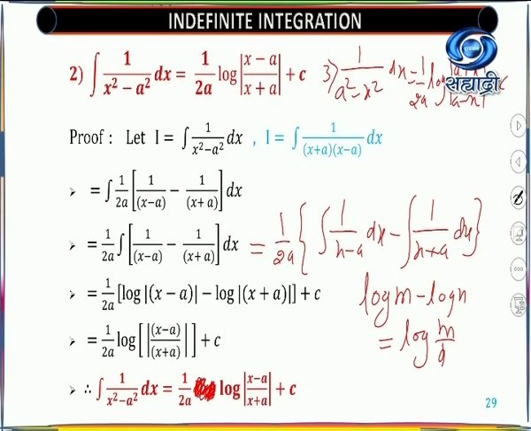The procedure is similar because here you have a square minus x square. So what will be the factors here? The factors are a plus x, a minus x, and the remaining complete procedure is similar. Okay, so this is homework for you. You have to solve it by the same method by which the second example is solved.